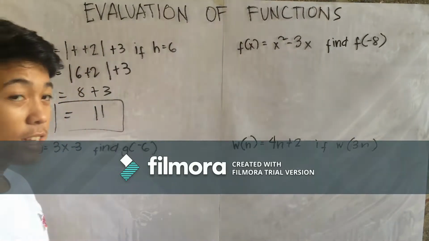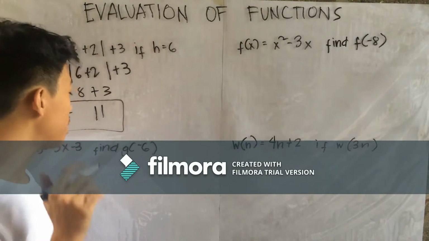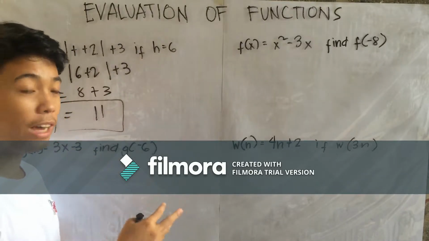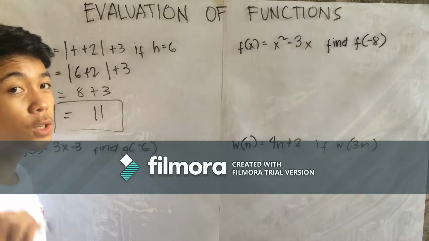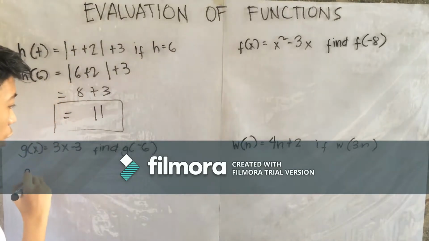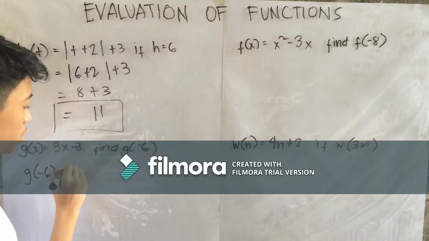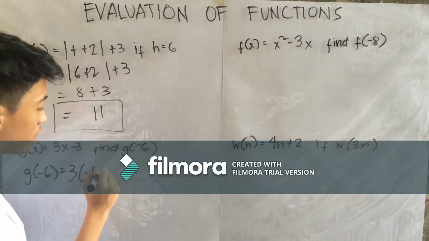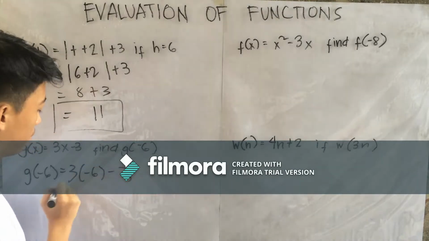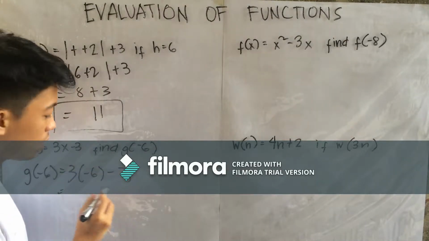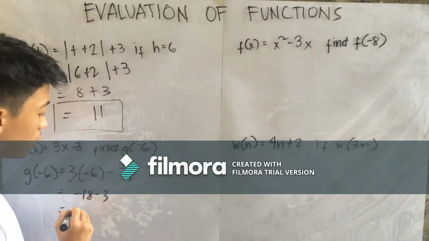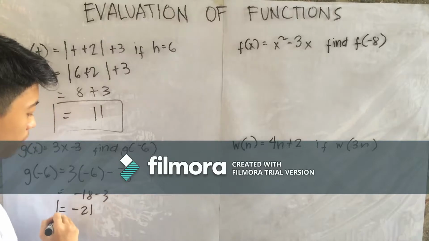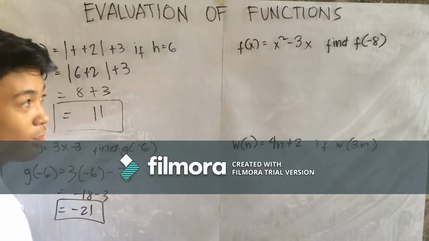G of x is equals to 3x minus 3. We need to find g of negative 6. So, substitute ulit tayo. G of negative 6 is equals to 3 times negative 6 minus 3. So, 3 times negative 6 is negative 18 minus 3 equals to negative 21. Ganun na siya kadali.